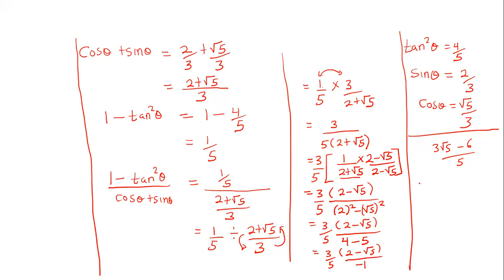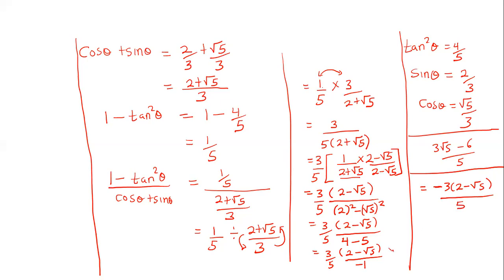So this one is going to give us, I can multiply it by negative 1 up and down. When I multiply by negative 1 up and down, I'll have negative 3 out of 2 minus root of 5, and down I'll remain with only 5.